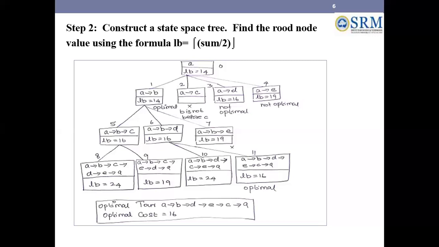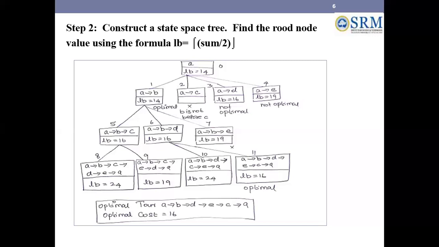One more value is take minimum value from the remaining values. So lower bound value is 14, and for node 3 lower bound value is 16, and node 4 lower bound is 19. So which node has minimum value? This is a minimization problem, lower bound value. So node 1 has minimum LB value.